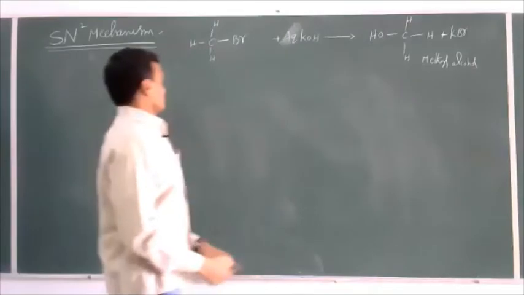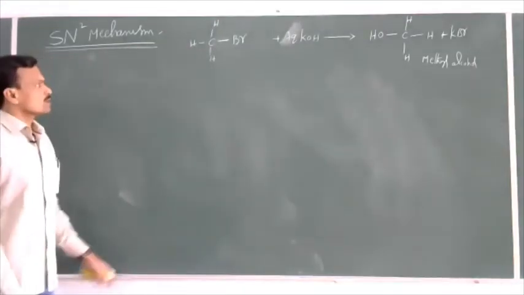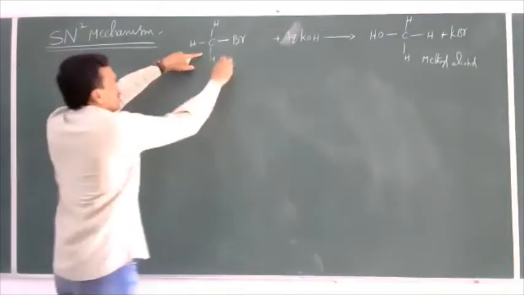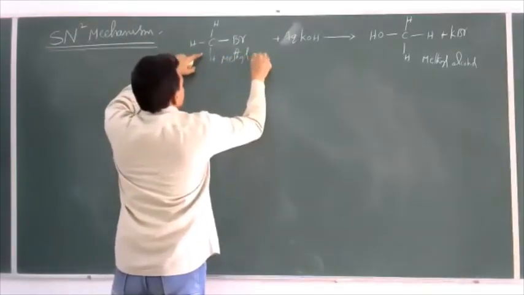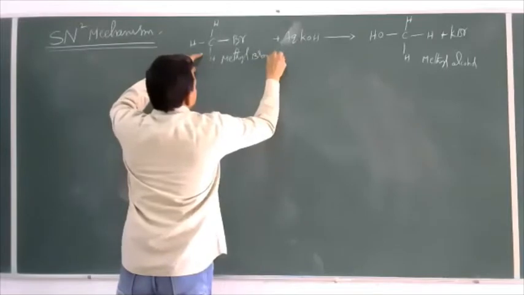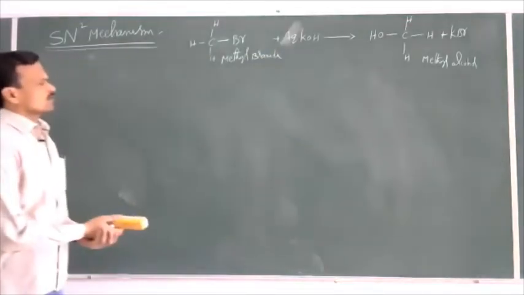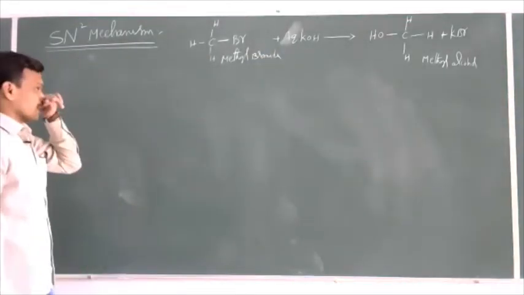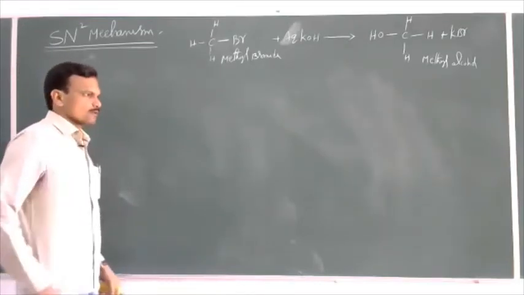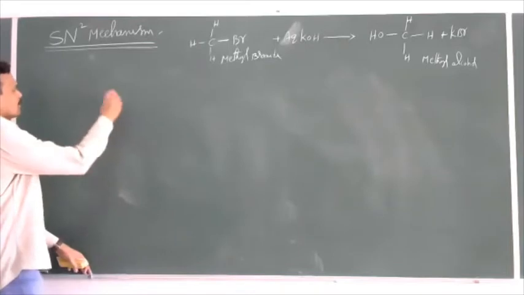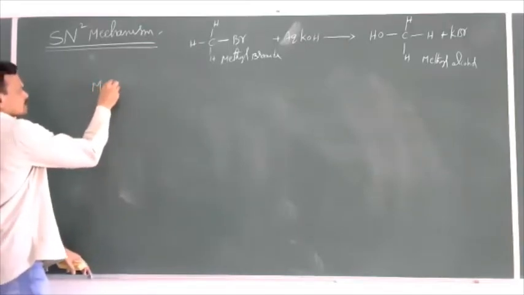So methyl bromide reacts with aqueous KOH to give methyl alcohol plus potassium bromide. This is the equation. Now let us see the mechanism of this reaction.